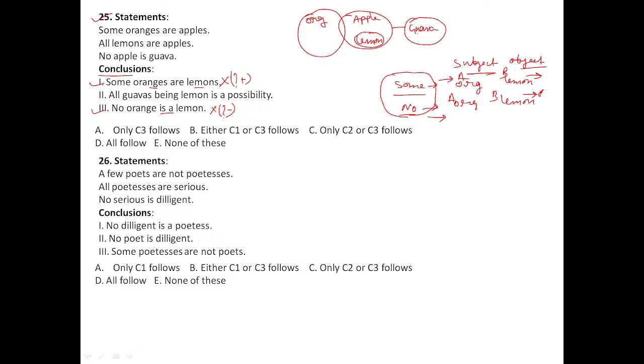So if all lemons are within apple and no apple is guava, one can easily understand that no lemon is guava. So there is no possibility at all. This is cross. So our answer is either C1 or C3 follows. Option B is the correct choice here. Moving to question number 26 now, the last question of syllogisms.